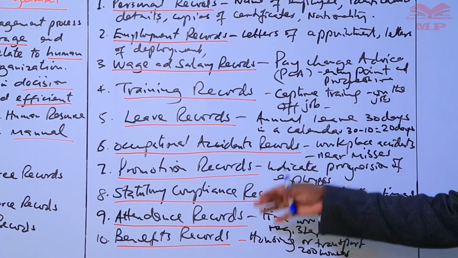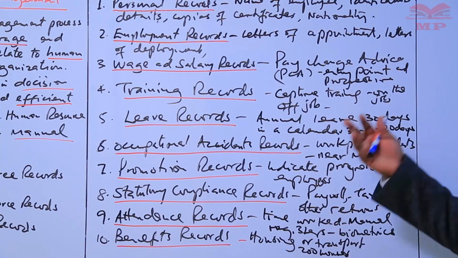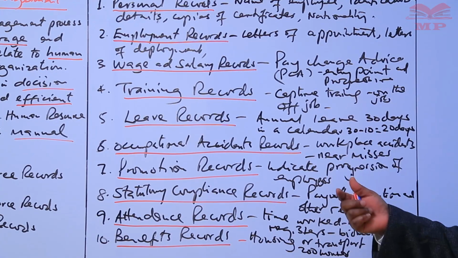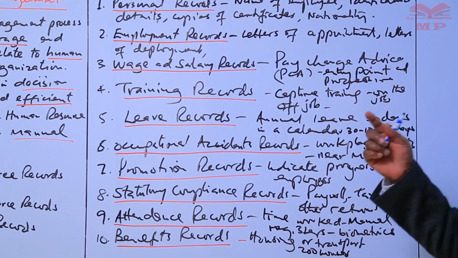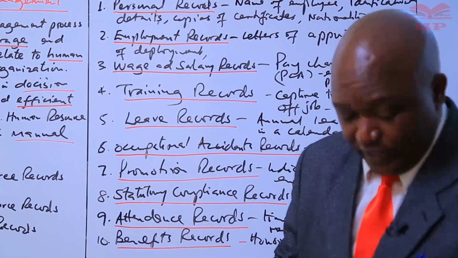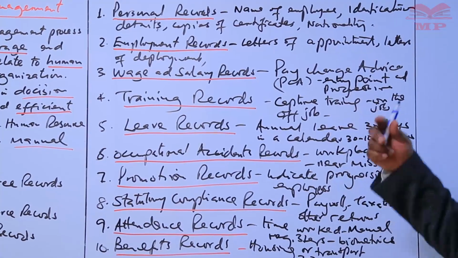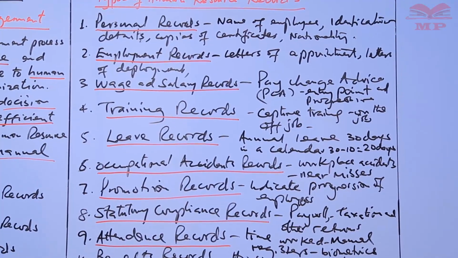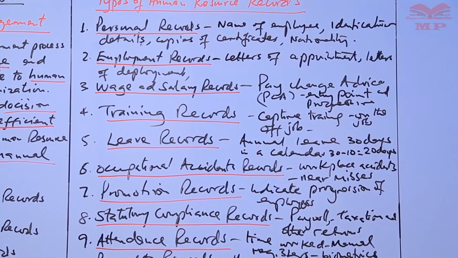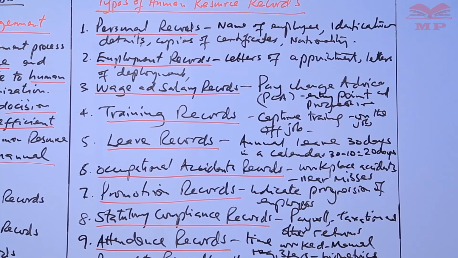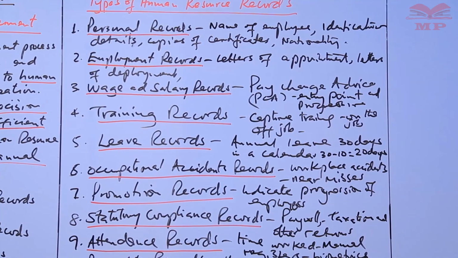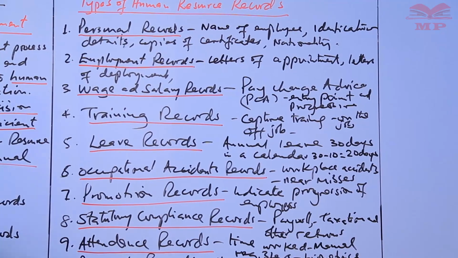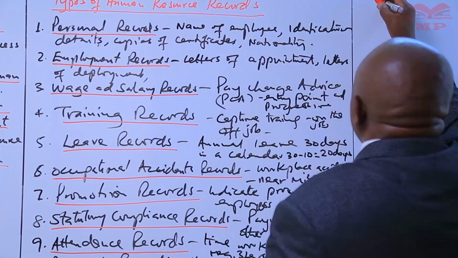So these are just some of the types of records that may be maintained regarding human resources. They may be maintained manually or electronically. So what is the purpose? We have looked at the types of records, but the question then is, what is the purpose of human resource records?